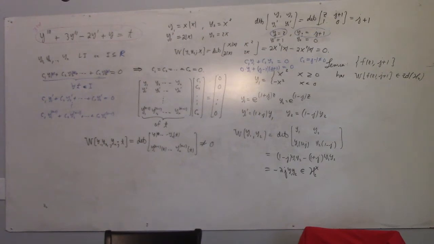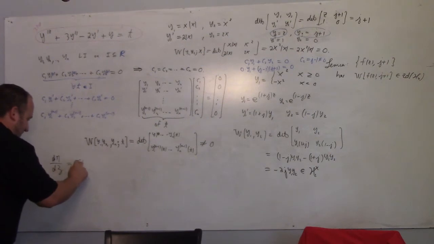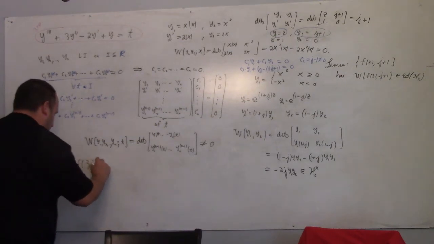But anyway, here's theorem 4.3. If you look at it, I have d eta, d zeta is f of zeta, g of eta. So what is that? You're like, couldn't you use letters that sounded different? d eta, d zeta equals f of zeta, g of eta.